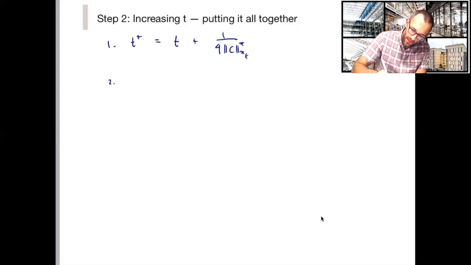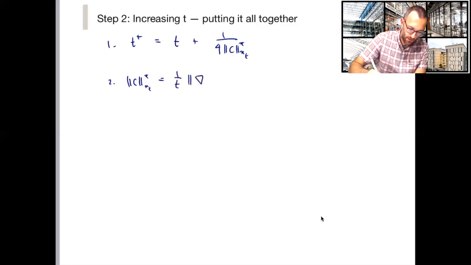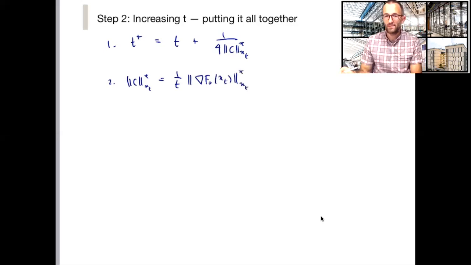We also computed that this dual local norm is equal to 1 over t times the norm of f0. This didn't require any assumptions yet. It was just by definitions of xt and f0 of xt and so on.